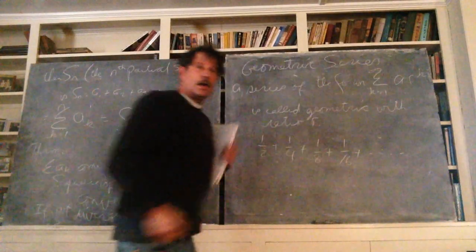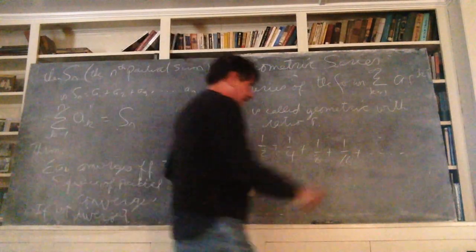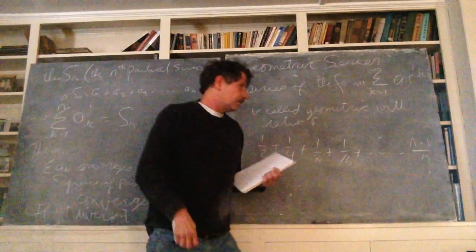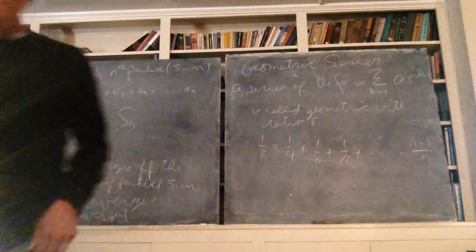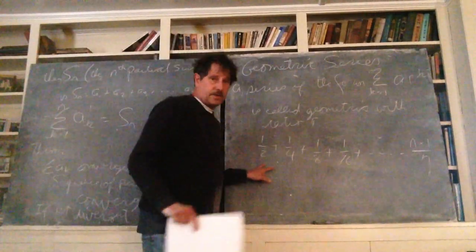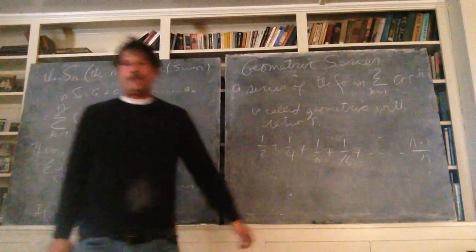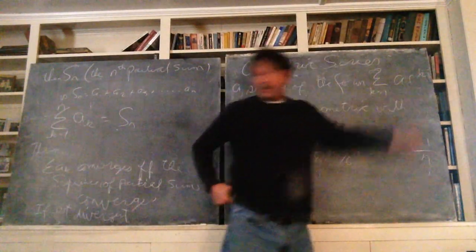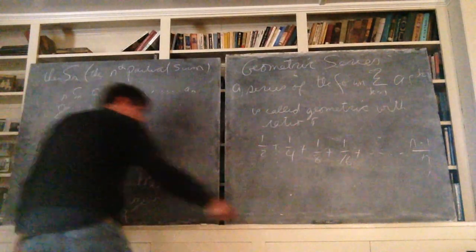If we add that up, you'd get n minus 1 over n, the whole sum of the thing. And so this is a geometric series because we're multiplying each term by a half. And so R would be a half. And now we're going to talk quite a bit about that ratio as we go along.